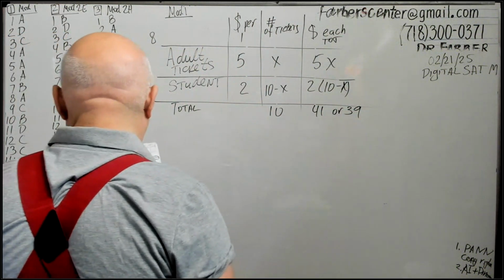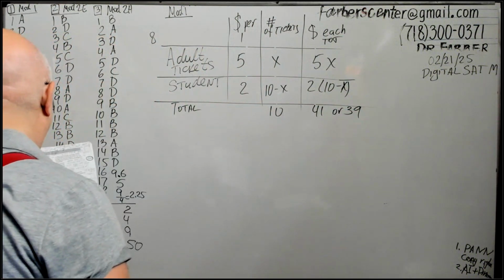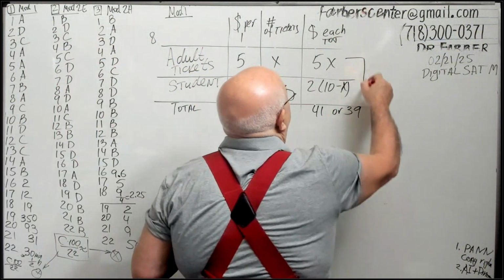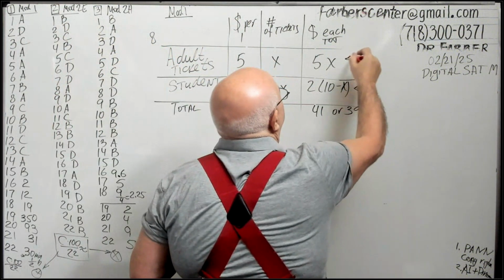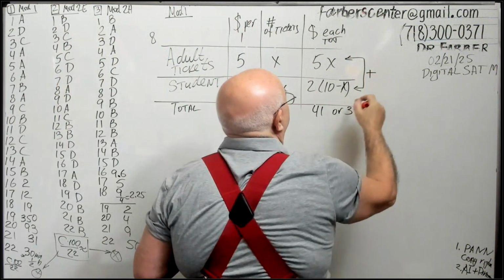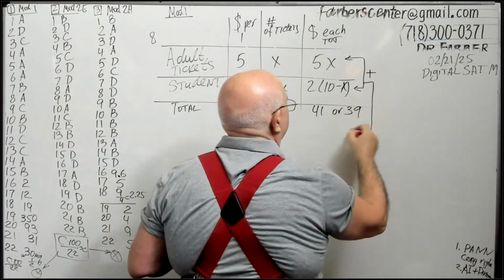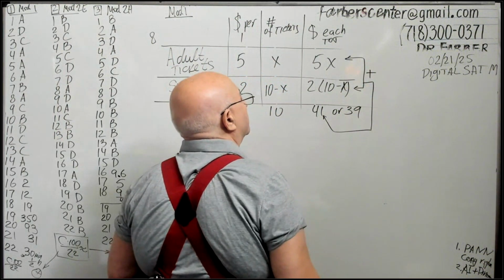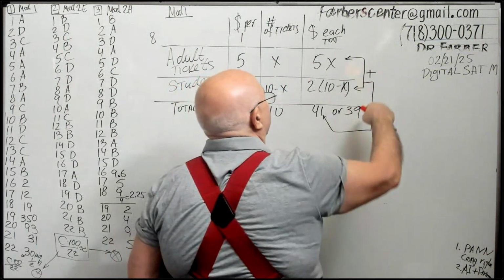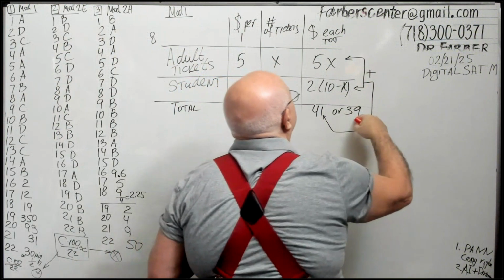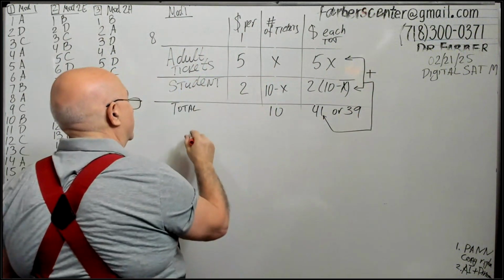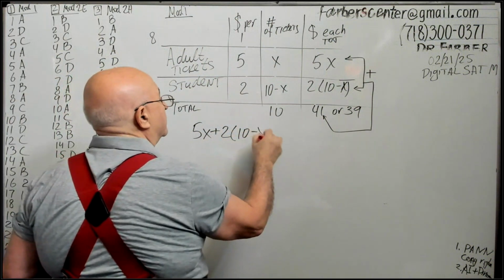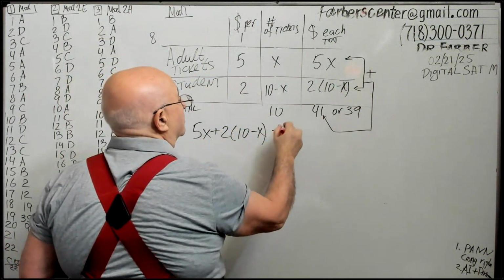Okay, what is supposed to do this? Add these 2 pieces together and this would be equal to this one. It's one equation, find x. For instance, this equation we have 5x plus 2 times 10 minus x equals 41.